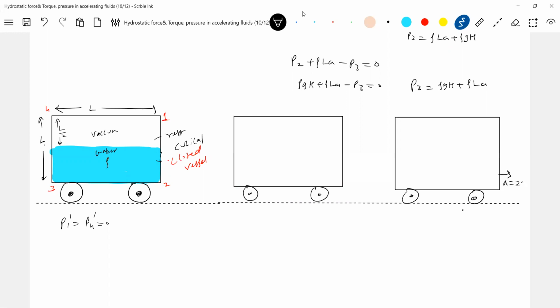Acceleration equal to 2g, equal to g. If a equal to g, this will be the free surface, no? 45 degrees it should make. Because if a equal to g, what is the angle? It will make 45 degrees.